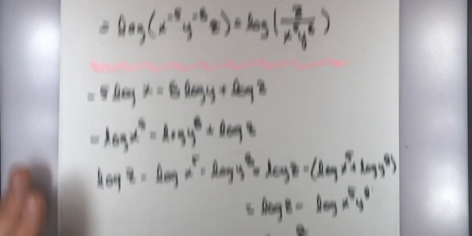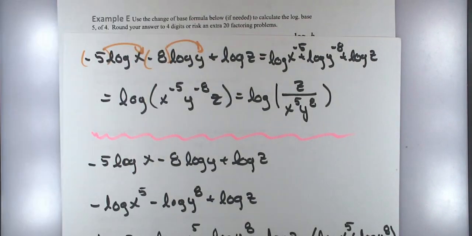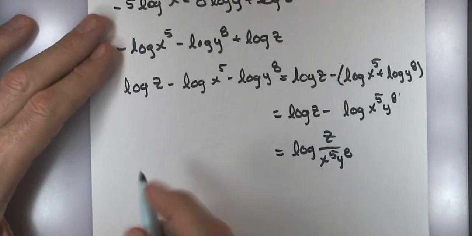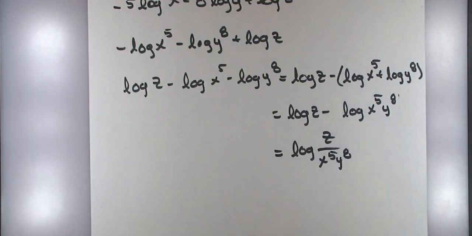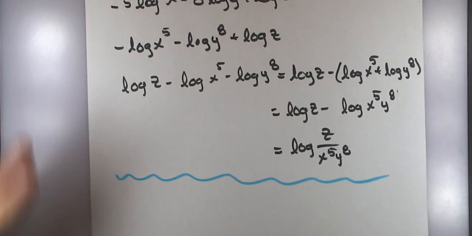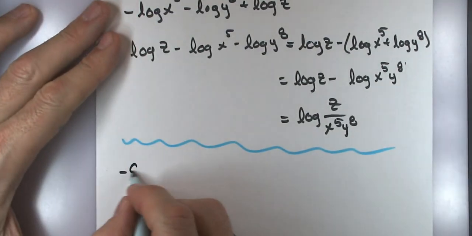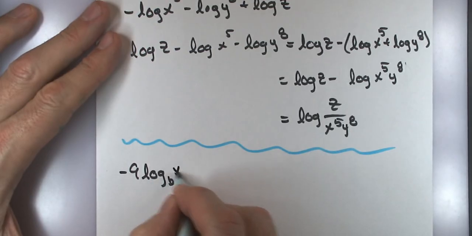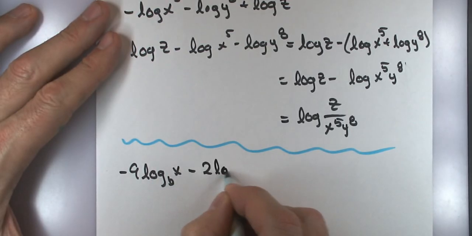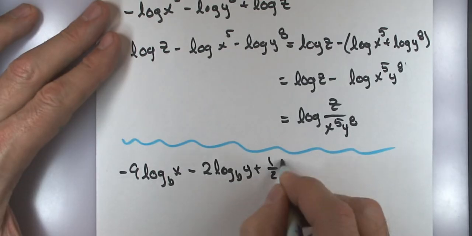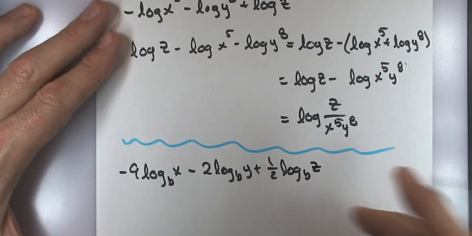Nice, nice. Well, let's see if we can't do that with this third one down here. So it's minus 9 log base b of x minus 2 log base b of y plus 1/2 log base b of z.